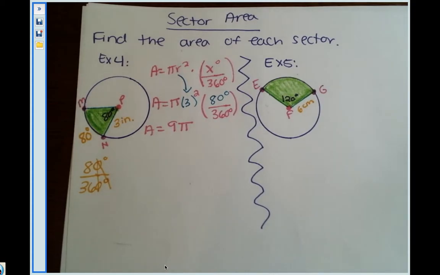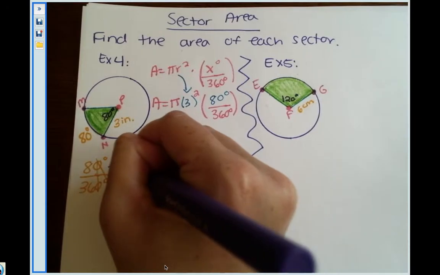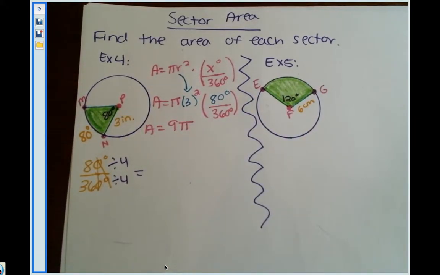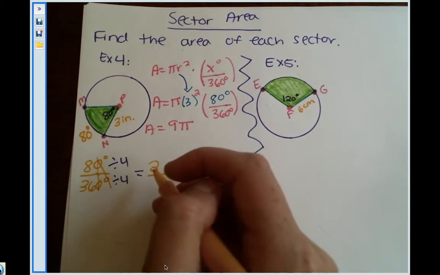What is something that goes into 8 and 36? Well, I know that 4 does, so I'm going to divide each of these by 4. 8 divided by 4 is 2, over 36 divided by 4 is 9.